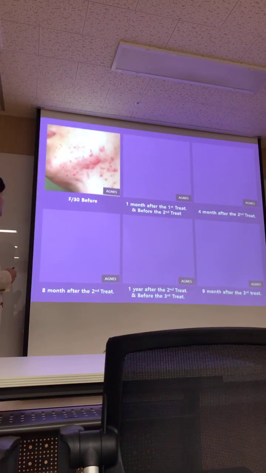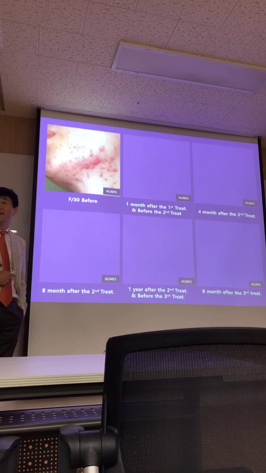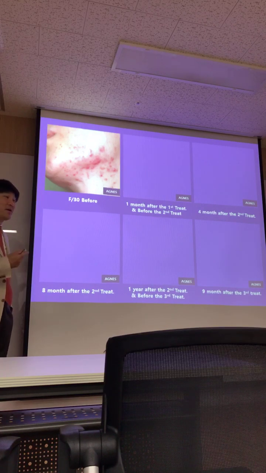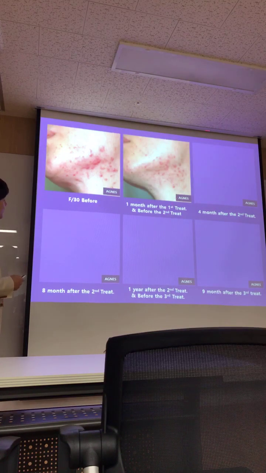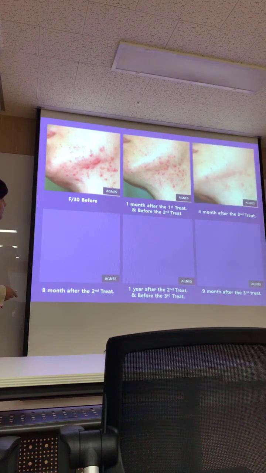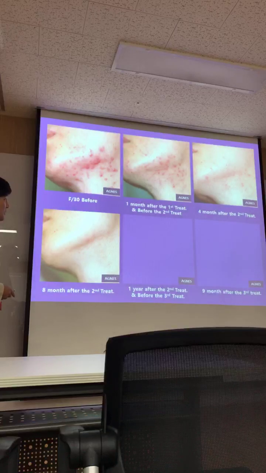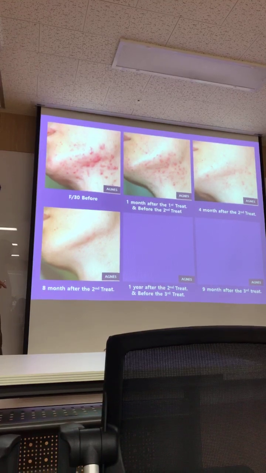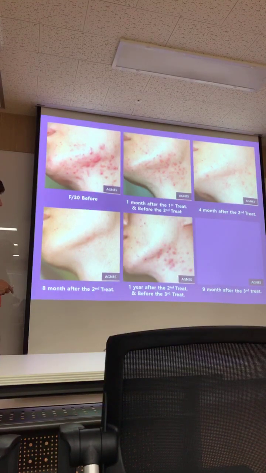And the mandibular line. This is a very difficult area, very easy to recur and easy to scar. Anyway, we treated it. This is 1 month after, 1 more treatment, 4 months after, 8 months after, clean. And 1 year after, she showed a new lesion on the neck.